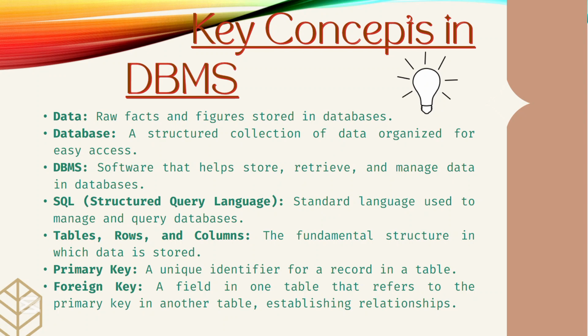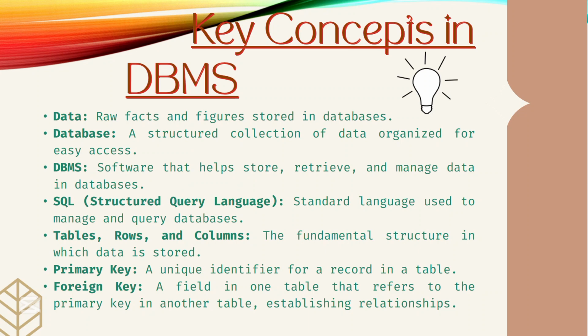SQL, what we also refer to as the Structured Query Language, is a standard language used to manage and query databases. We also have tables, rows, and columns, the fundamental structures in which data are stored inside databases. We have the primary key, a unique identifier for a record in a table.